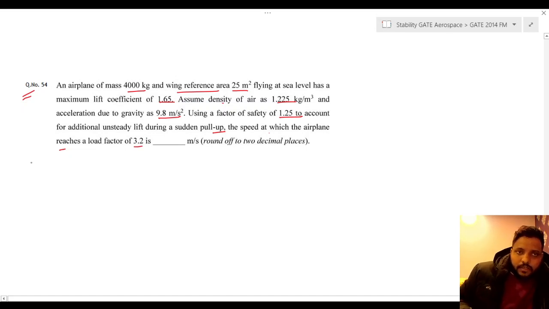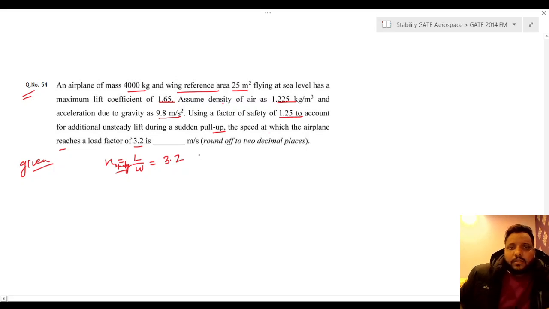So first of all, let us write the given data. Load factor, which is L by W, is 3.2, and this is the steady load factor. Generally the steady values are taken, so this is the steady load factor of 3.2. Now in this question it is mentioned that we have to take a factor of safety for additional unsteady lift.